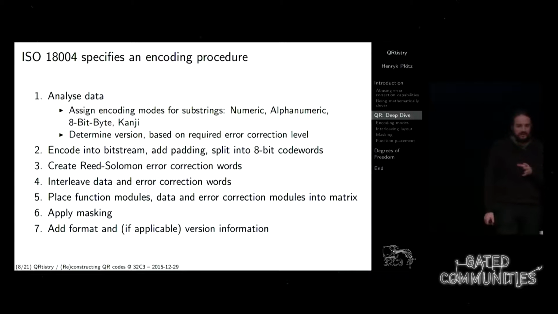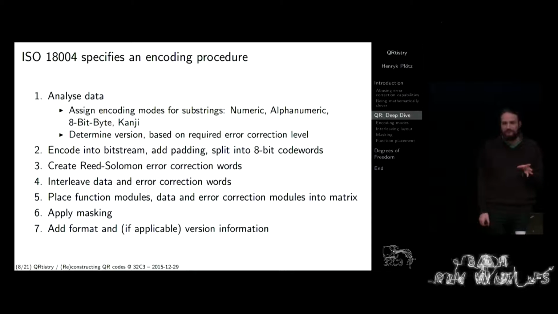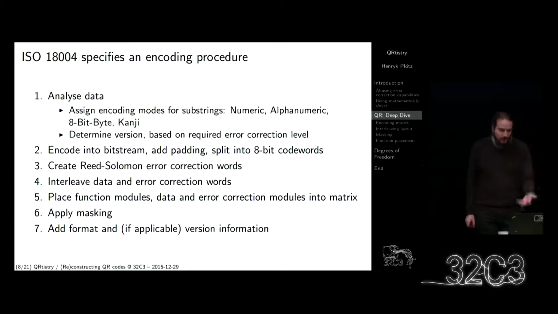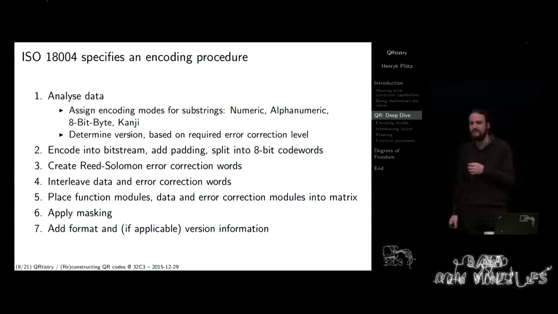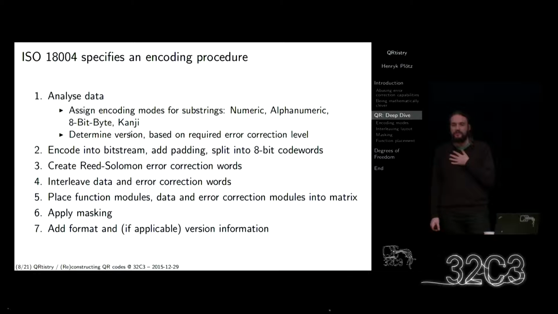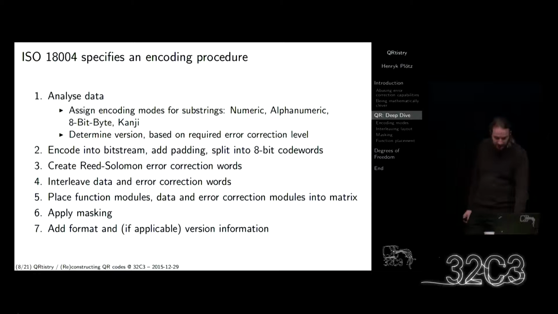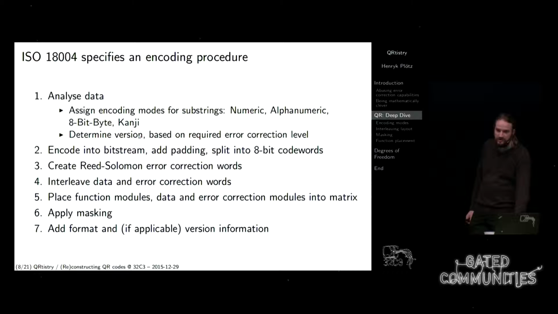The ISO standard specifies the encoding procedure. Turns out, also what I didn't notice before, is that there are 4 different encoding modes: numeric, alphanumeric, 8-bit bytes, and kanji. Like I said, this originates from Asia. Then you have to determine the version. I'm telling you a little bit about that later.